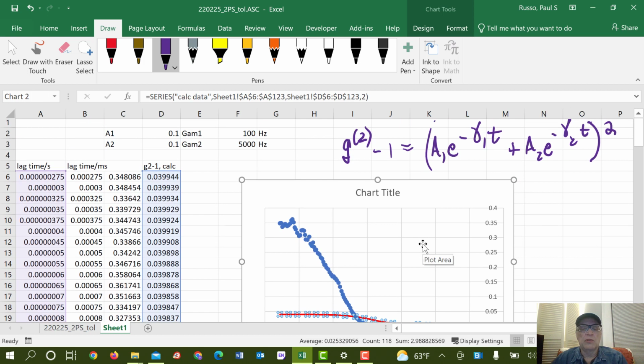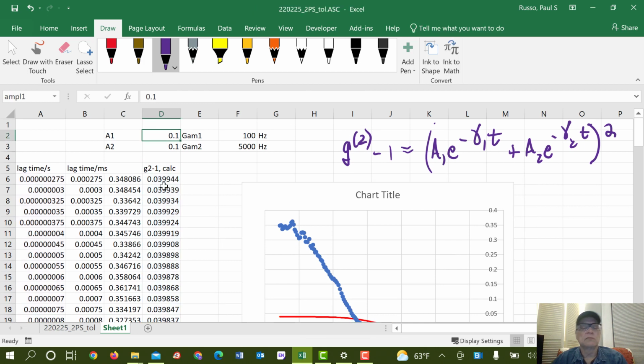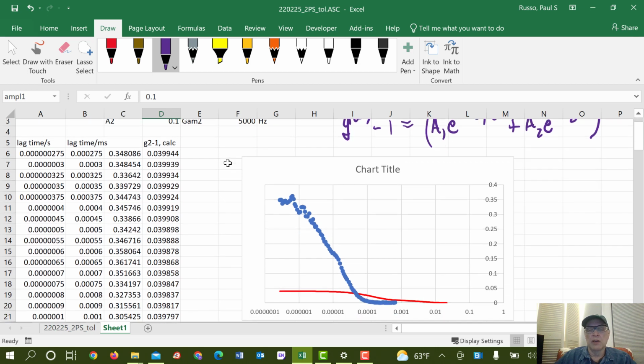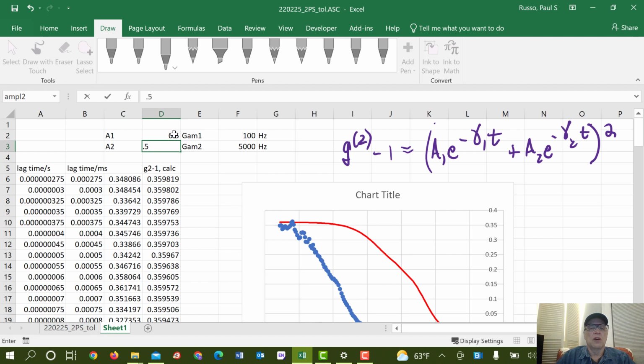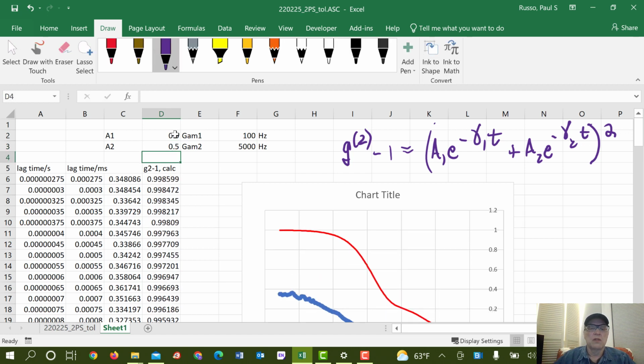And then we would just start playing with some of these numbers here. And, well, I don't know, you can just sort of play with them. 0.5. 0.5. Okay, so that's too much, huh?